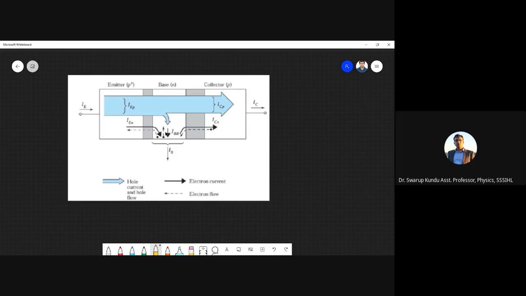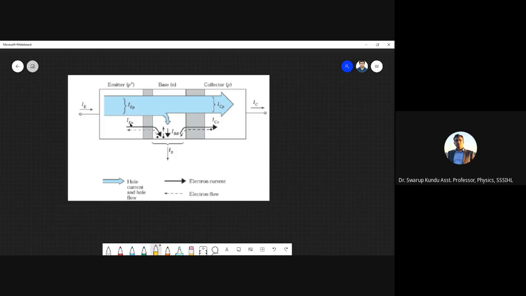As the emitter-base junction is forward biased, there is a chance of electrons also getting injected from N to P. See, in forward bias, holes will get injected from the P side to the N side, and electrons will get injected from N to P. So this will contribute to a current of IEN. I mean, it's a notation.